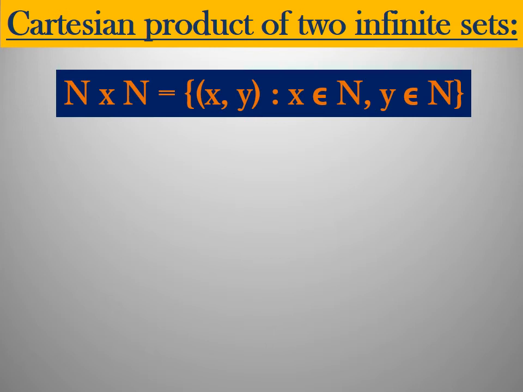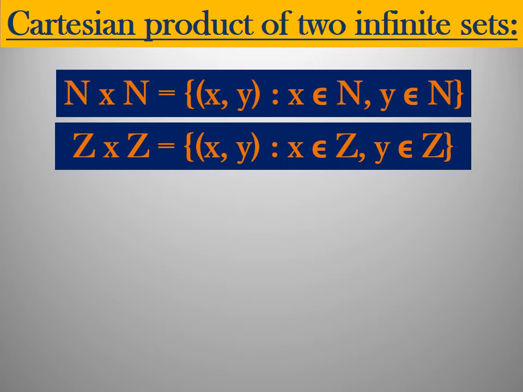So N crossing N will be the set of ordered pairs (x, y), where x, the first projection, belongs to natural numbers, and y, the second projection, belongs to natural numbers too.